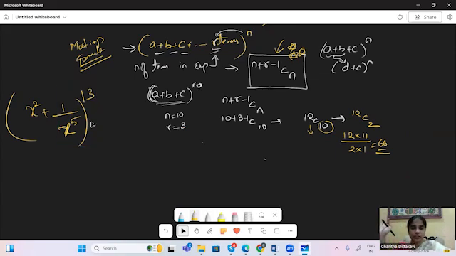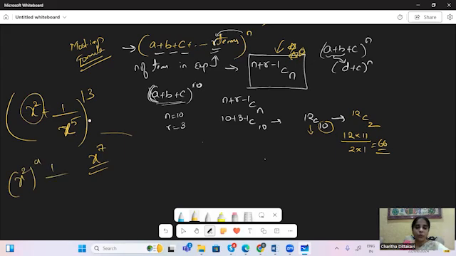In these 14 terms, do we have repetition of the terms? That means you might get x power 7 at so many places, because some combination of x square to some power a into 1 by x power 5 to some power b might cancel out and result in x power 7.